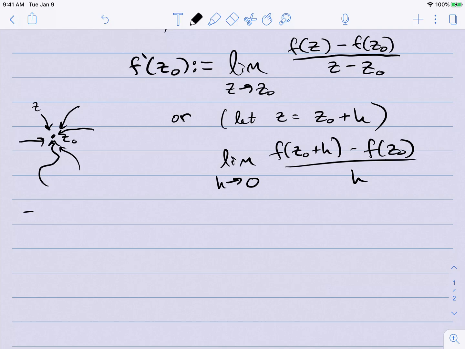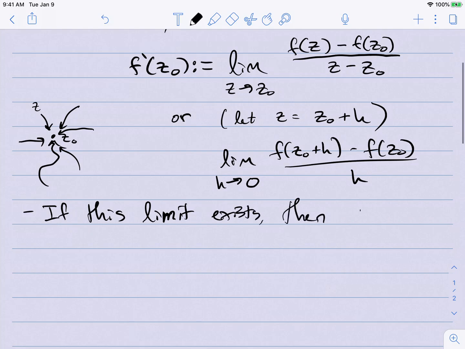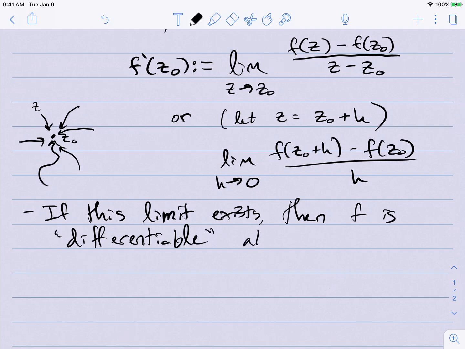Now let me give you some terminology. As usual, if this limit exists, then we'll say f is differentiable at the point z naught.